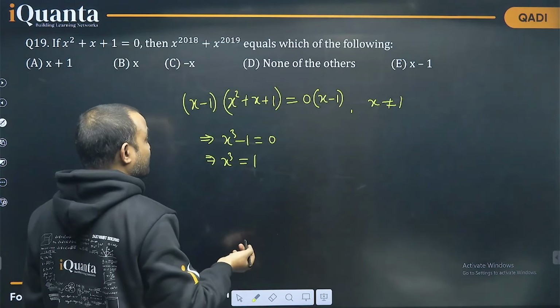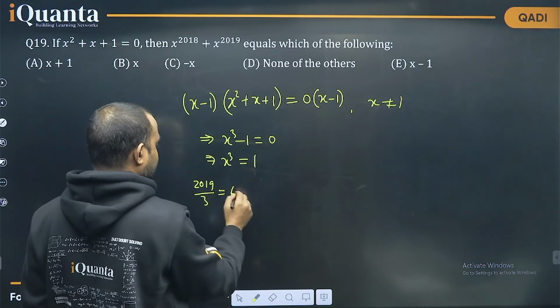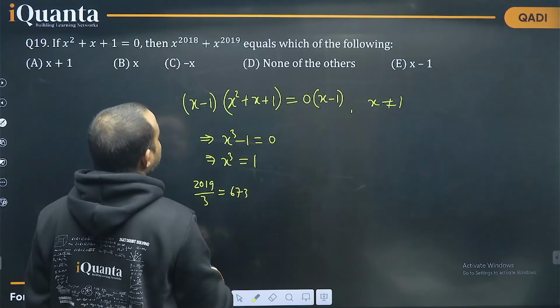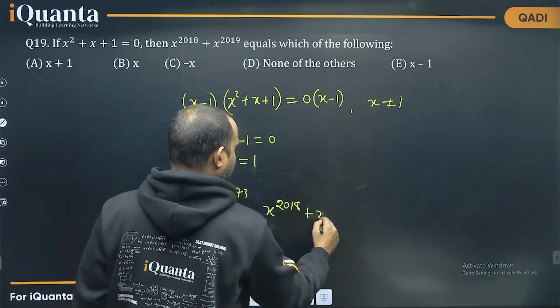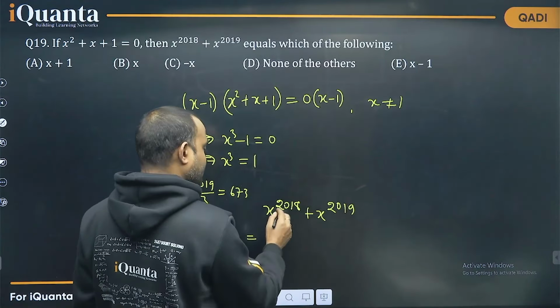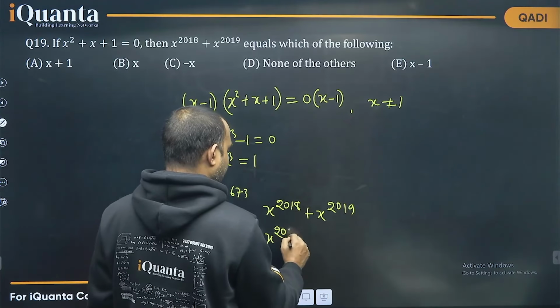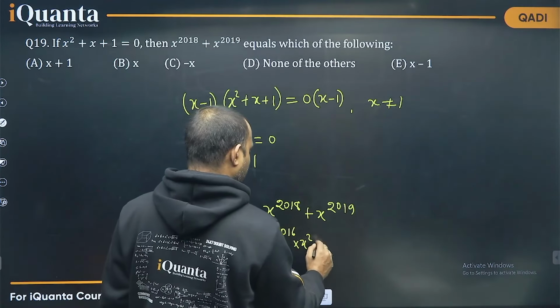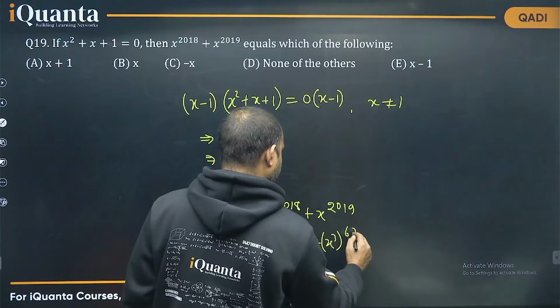If x cube is equal to 1, 2019 is a multiple of 3. 2019 upon 3 is equal to 673. So now we can say x to the power 2018 plus x to the power 2019 can be written as x to the power 2016 into x square plus x to the power 3 to the power 673.